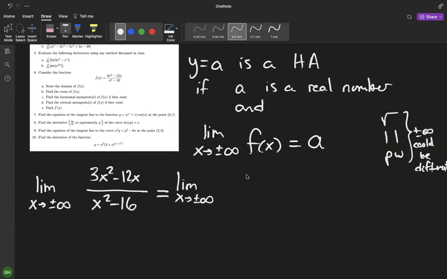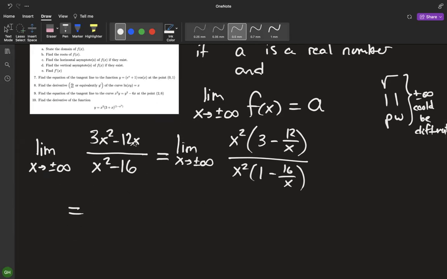So I'm going to factor out an x squared, just like how I do all my limits as x goes to infinity. 3 minus 12 over x. And then x squared, 1 minus 16 over x squared, sorry. Not that it makes a difference, but I'll cancel out the x squareds. So I get 3 minus 12 over x over 1 minus 16 over x squared.